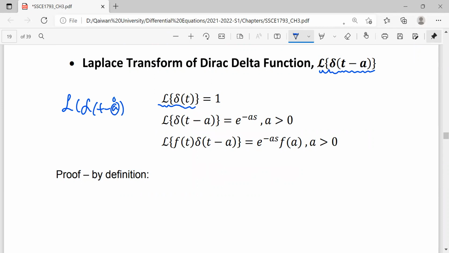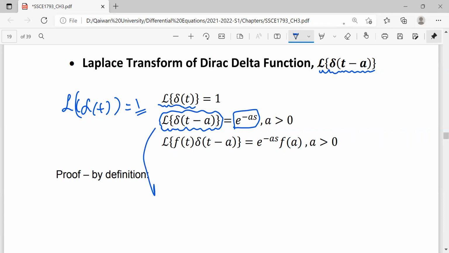So the Laplace transform of the Dirac-Delta function when a is 0 equals 1. And here we have the Laplace transform of the Dirac-Delta function t minus a, which equals e to the power minus as.